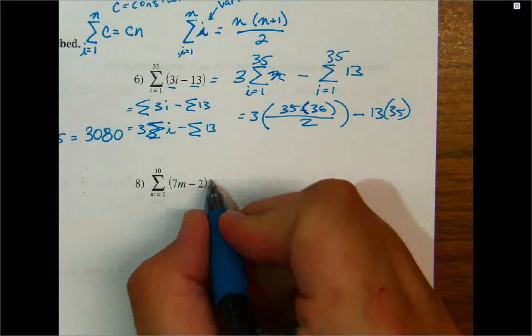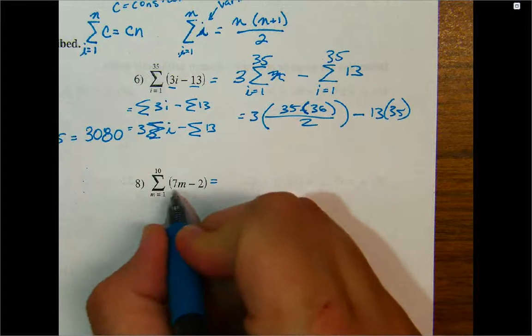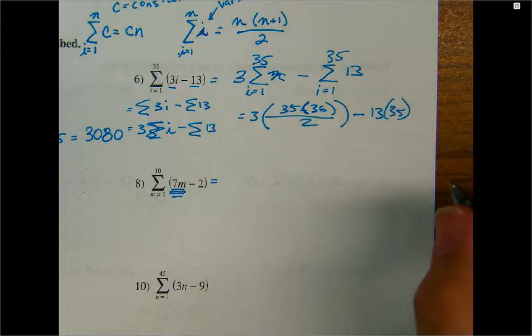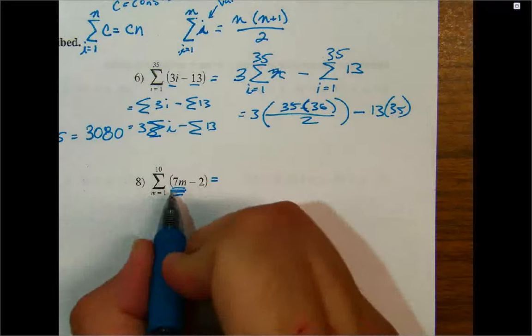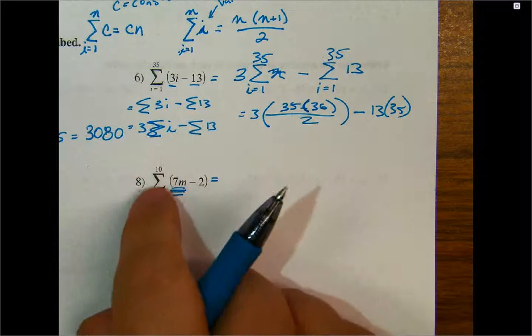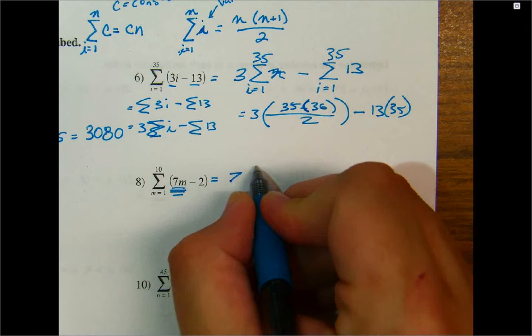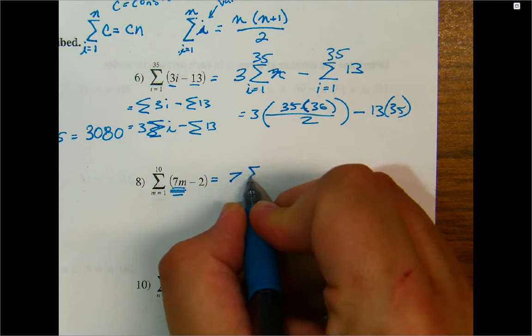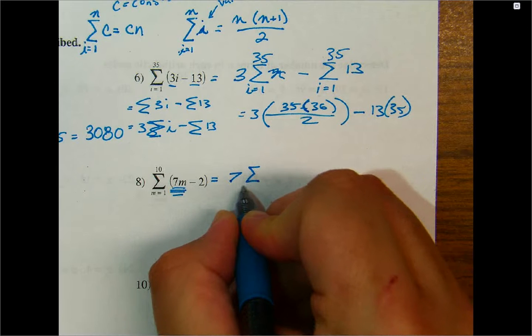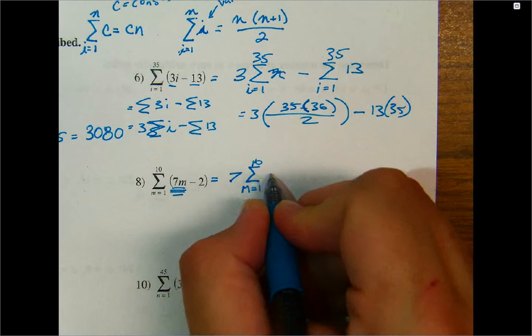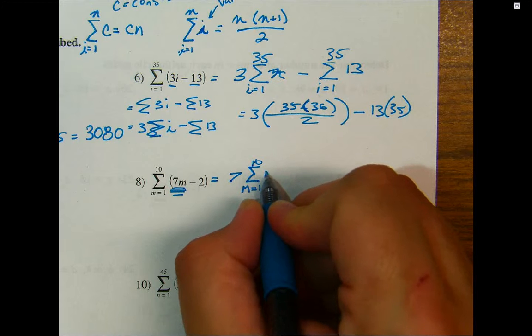Now, this guy right here, how am I going to break up 7m? You take the 7 out, with the summation and the i under, and a 10 on top. Minus the summation of m minus 1, 10 on top, and then 2.